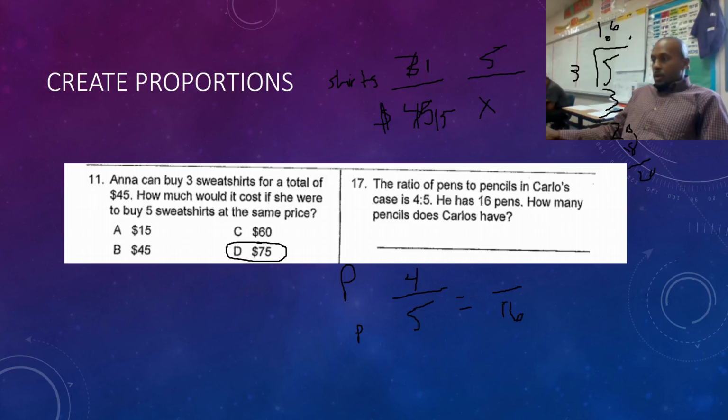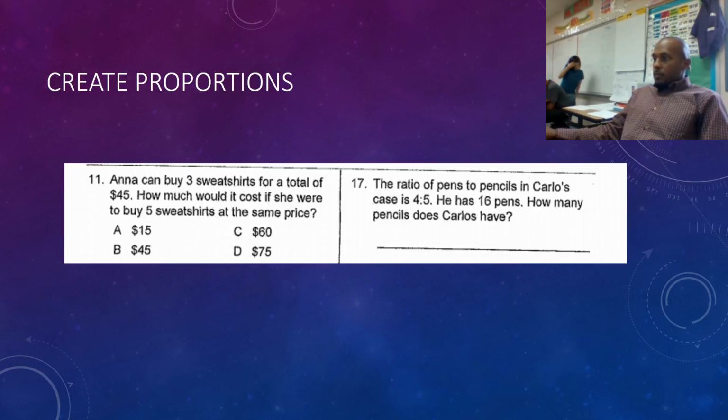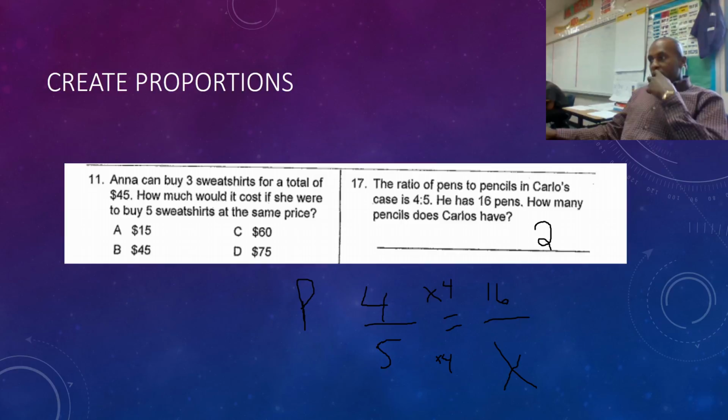It's the other way around. Erase that here. Okay, 4 to 5, but big P for pens. So you have 16 pens. How many pencils? Okay, 4 times 4 is 16. So that means I'm going to do 5 times 4, which is 20. 20 pencils.